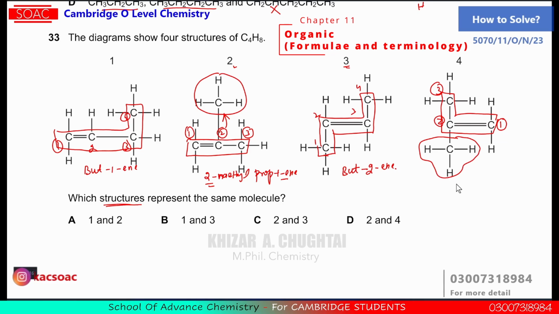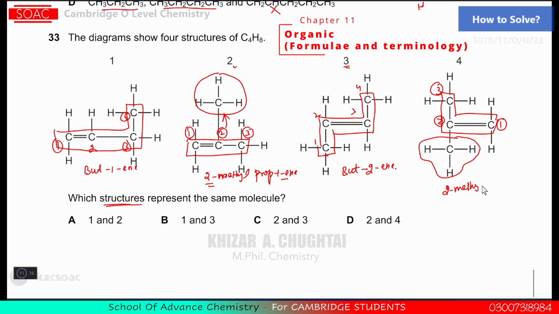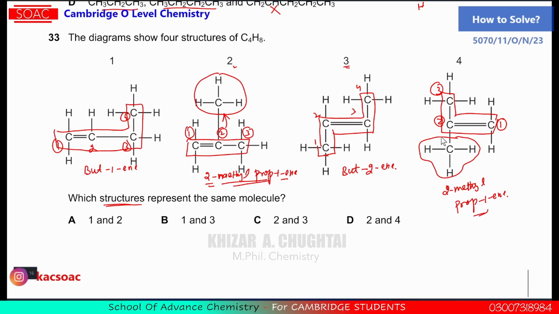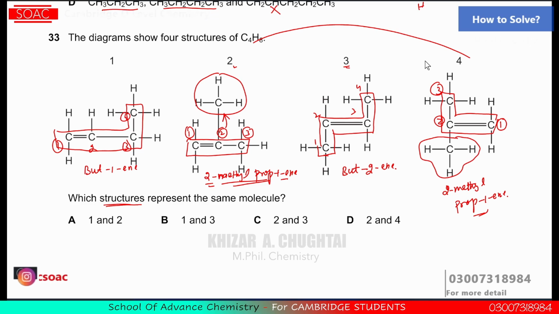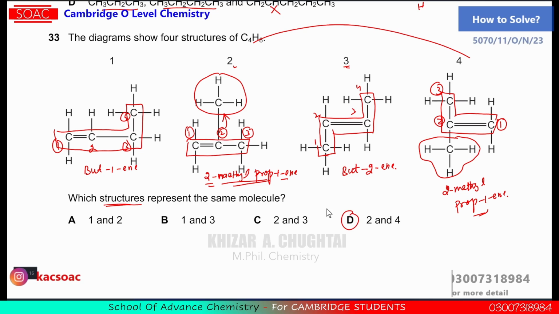So 2-methylprop-1-ene. So 2 and 4 are the same molecule, same compound. D is the correct option.